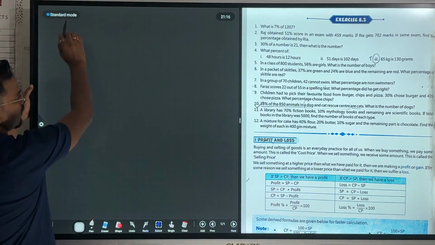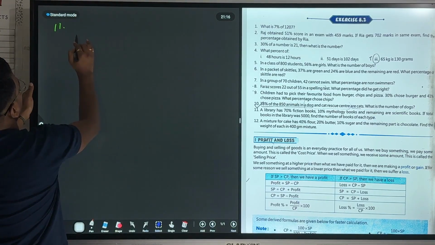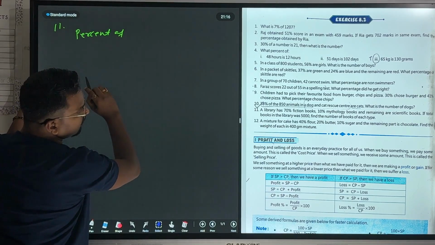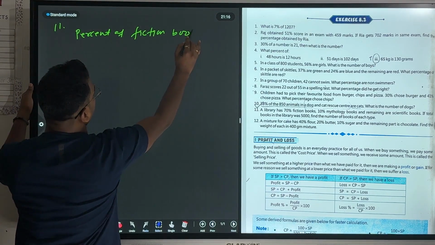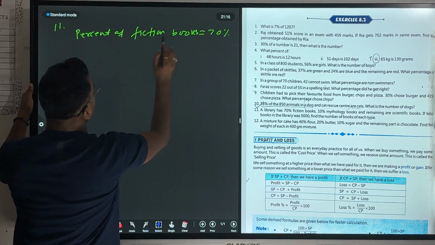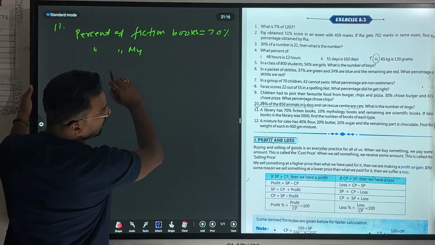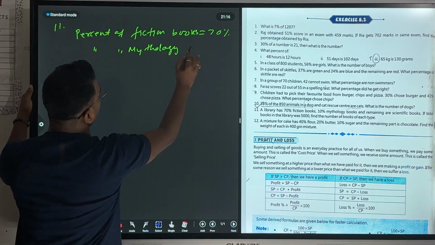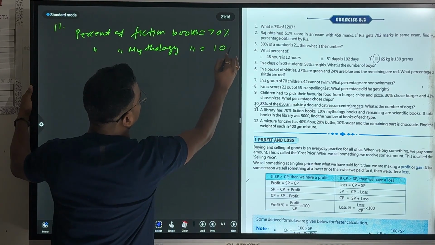So first we will write percent of fiction book is given 70%. Percent of mythology book is how much percent? 10%.